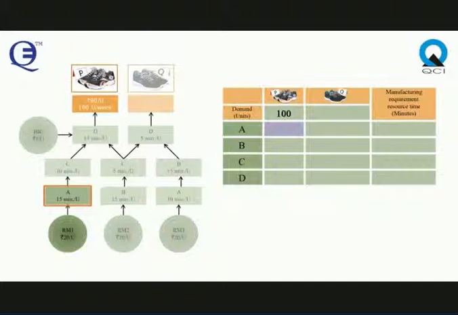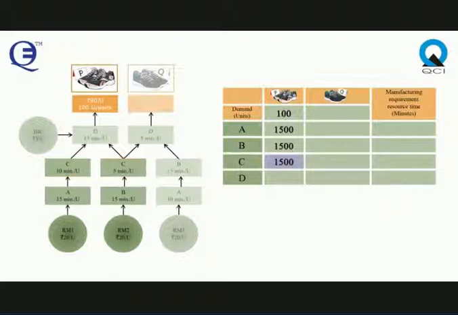Total time taken by A, 1500 minutes. Let's go to resource B, raw material 1 and raw material 2. Both these raw materials are required to make P. Total time required for P is 15 minutes by resource B. Total amount of load placed on machine B for making 100 units of P is 1500. When you go to C, it takes 15 minutes to process 1 raw material which will go inside P. Total time taken by resource C for making 100 units of P, 1500.